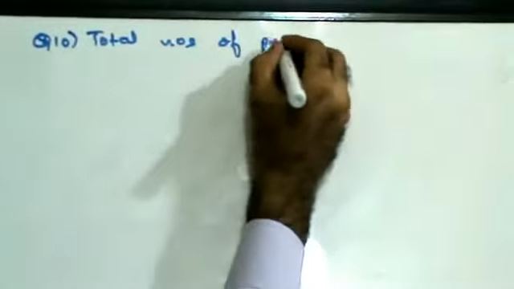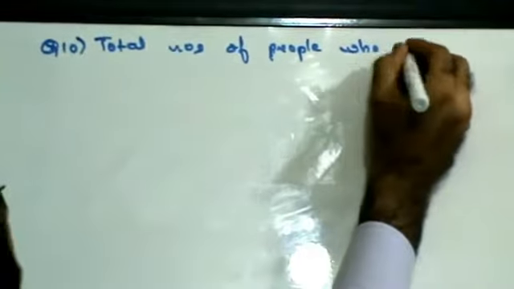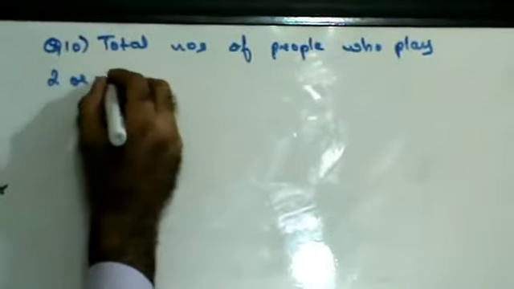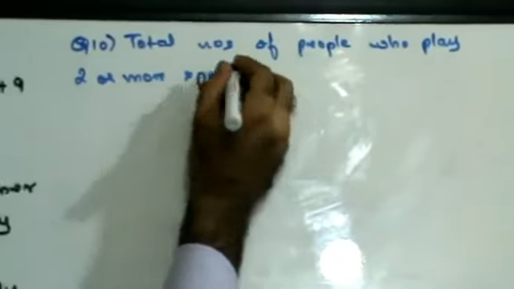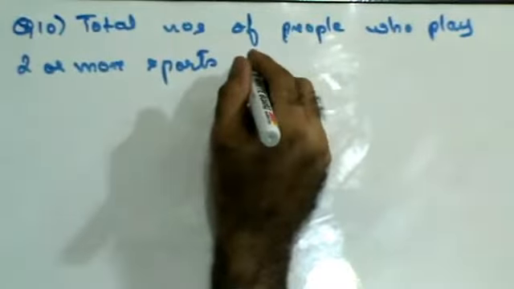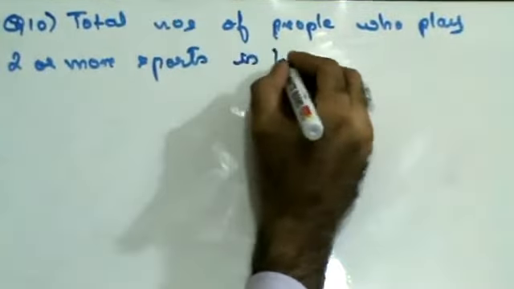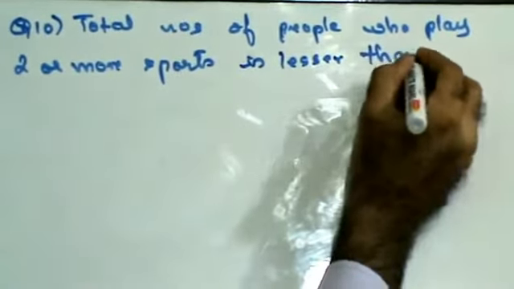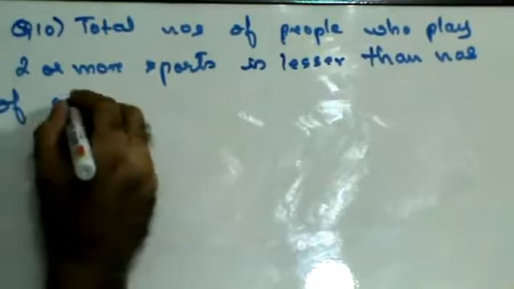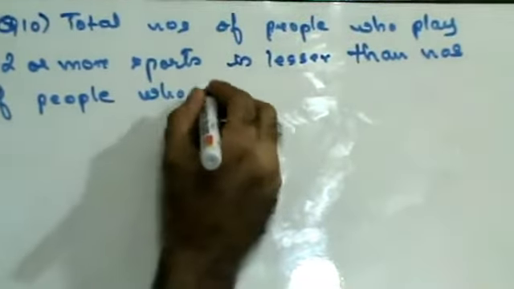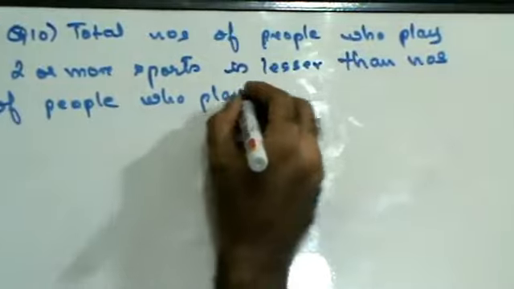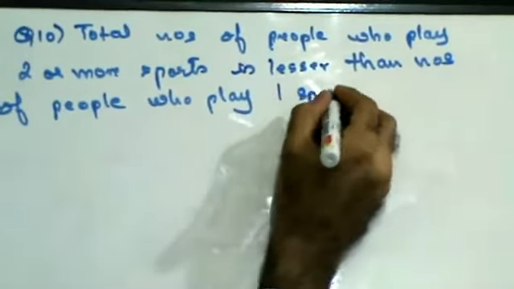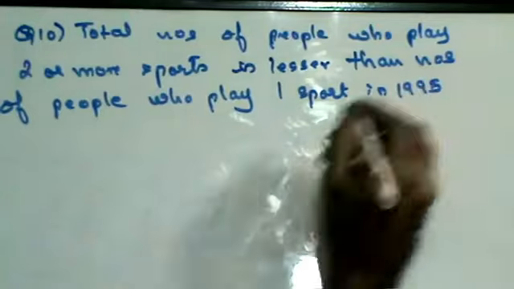The total number of people who play 2 or more sports is lesser than the number of people who play one sport in 1995.